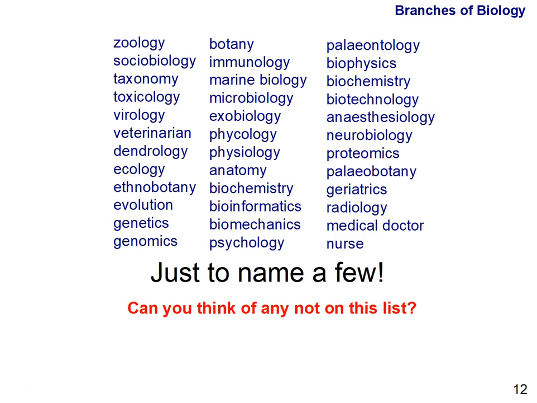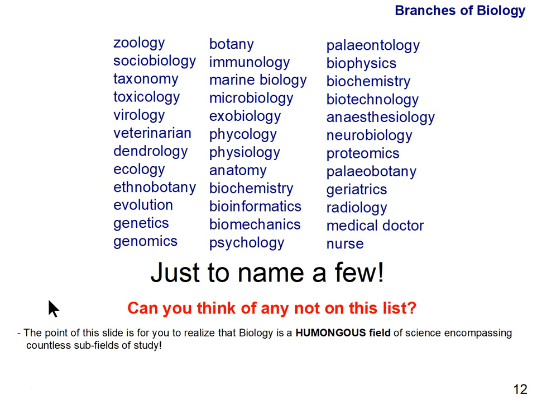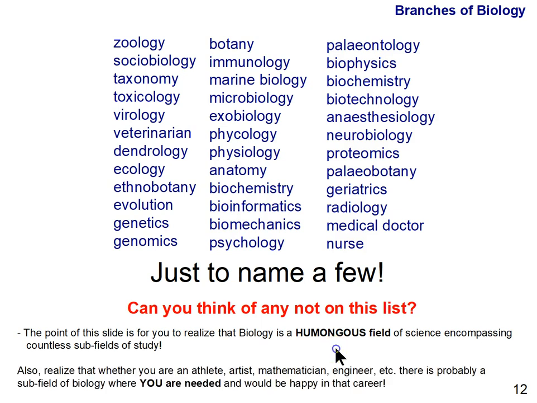So that's an example of how you could apply your talents to any one of these sub-sciences that fall under the umbrella of biology. So that's the point of the slide. It's a humongous field and a big umbrella that encompasses a lot of subfields of study. So you are needed. There's a place for you under the umbrella of biology.